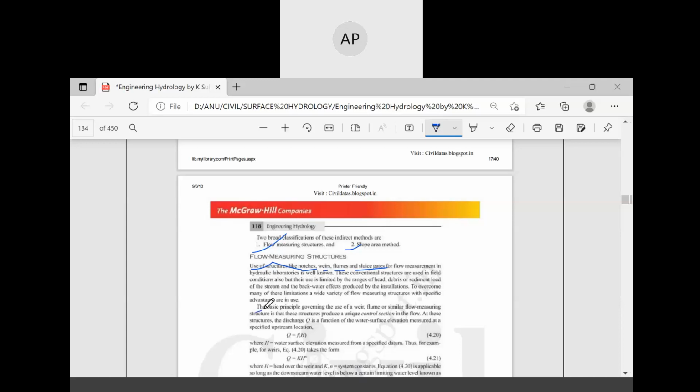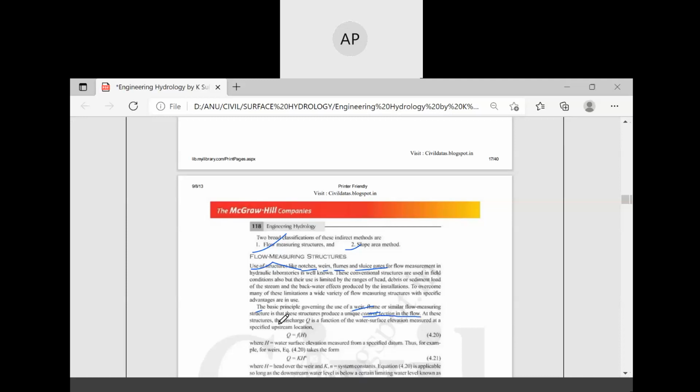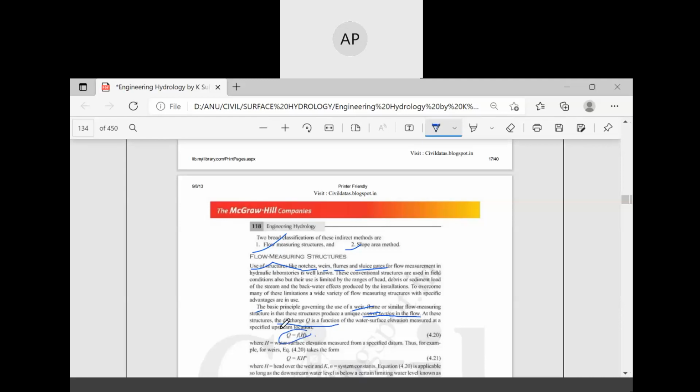The basic principle governing the use of weir and flume structures is that the structure produces a unique control section in the flow. At this structure, the discharge Q is a function of the water elevation measured, so Q is a function of H. H is the water surface elevation measured from a specified datum.